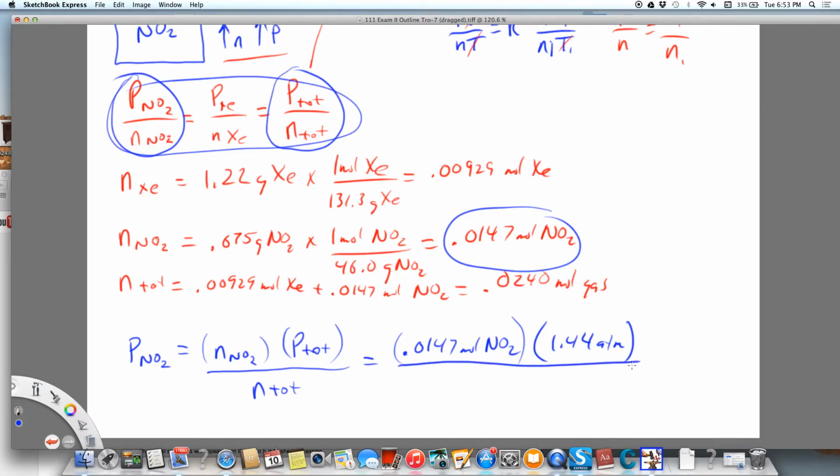And then we're going to divide that by the total moles, which we just figured out. That's 0.0240 moles of gas. Okay, so the pressure of NO2, when we do that, turns out to be 0.882 atmospheres for NO2.